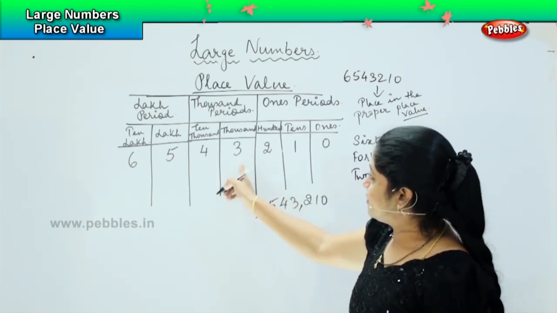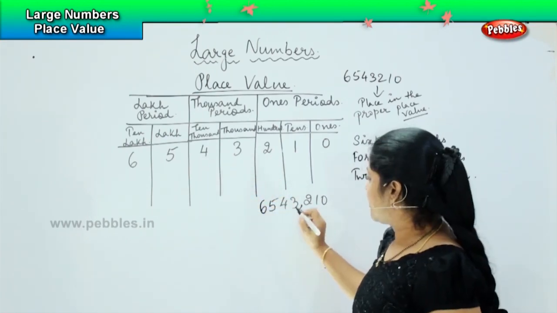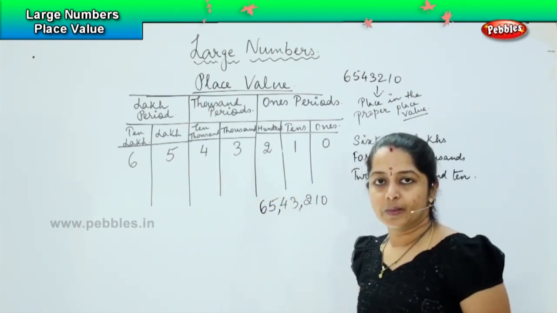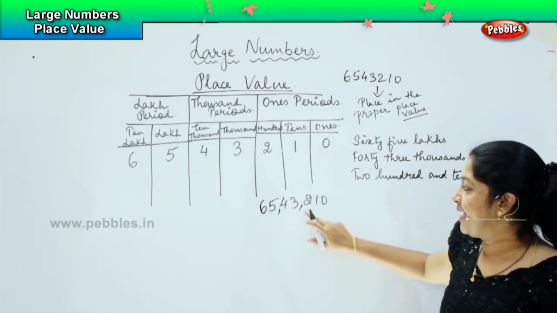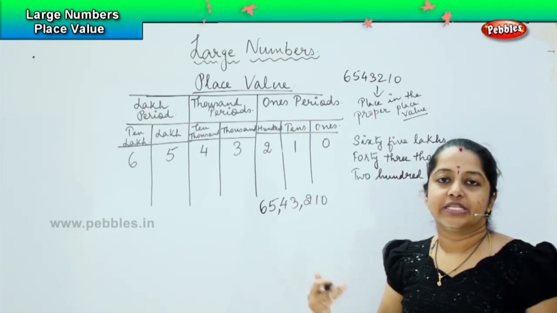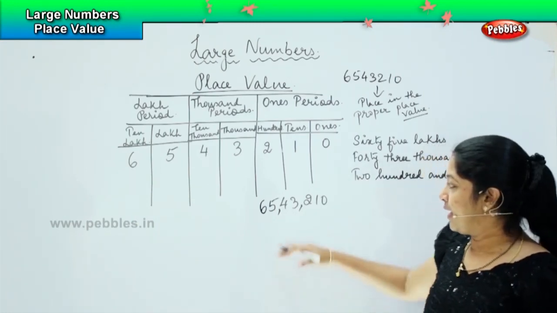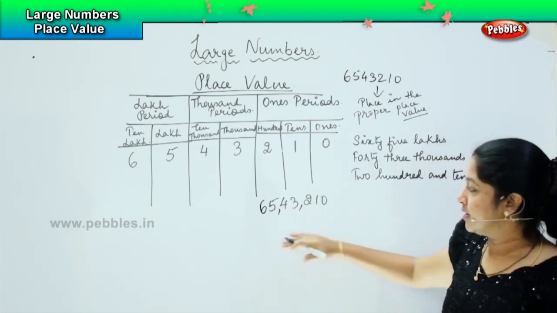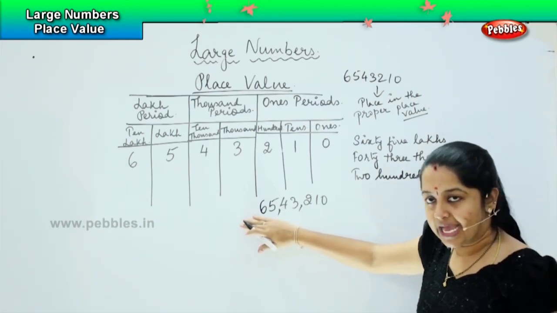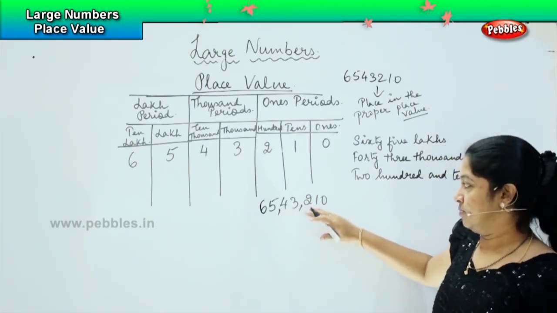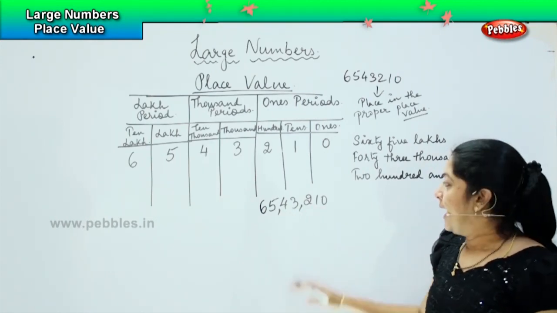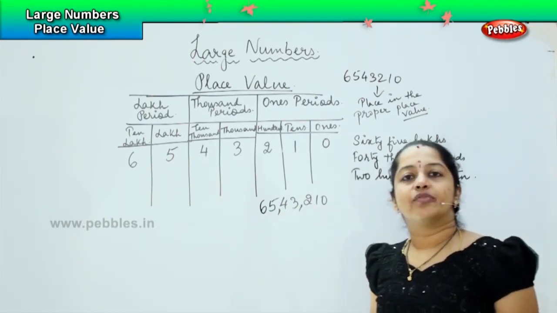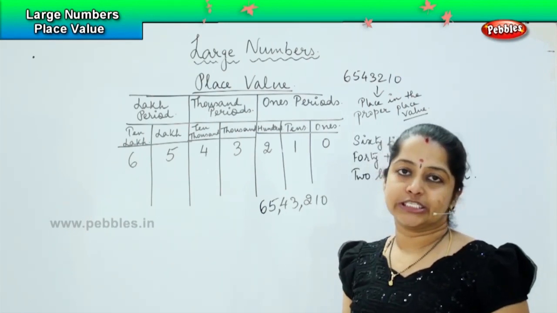Then the thousands period, which is 43. This is how I will be writing it, by separating with a comma after the certain period. So now it becomes easy for me to read: 65 lakhs 43,210. Okay. Got it?